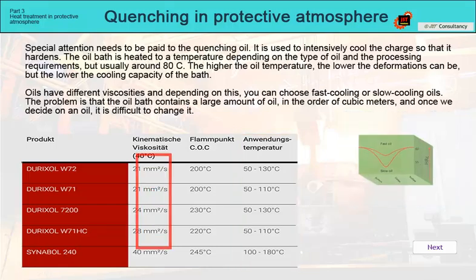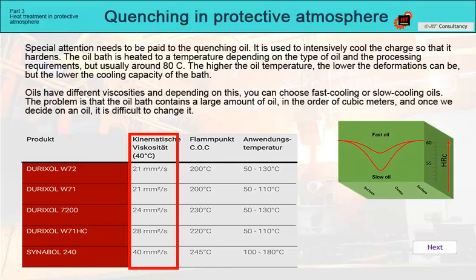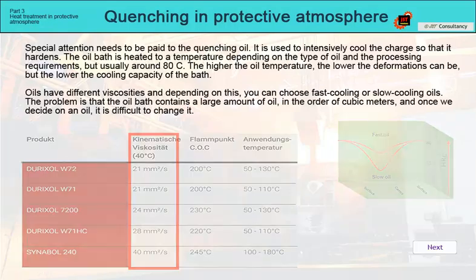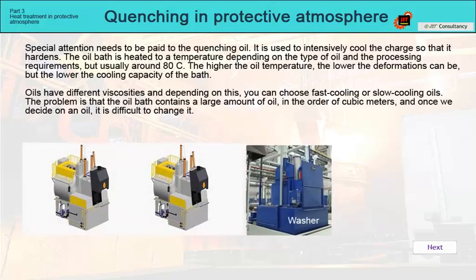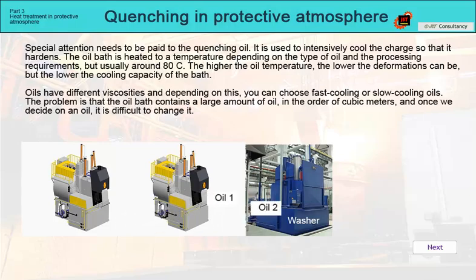Oils have different viscosities, and accordingly, fast cooling or slow cooling oils can be selected. The problem is that the oil bath contains a large amount of oil, in the order of cubic meters, and once we decide on an oil, it is difficult to change it. If we have several multi-purpose furnaces and a diverse range of processing, we can have a different oil in each quenching furnace.